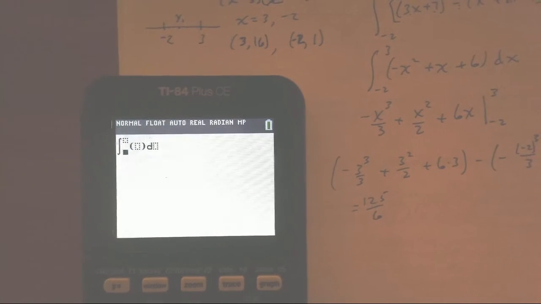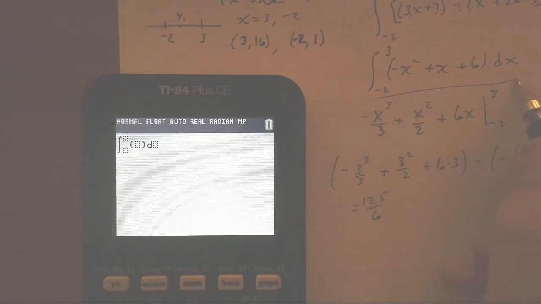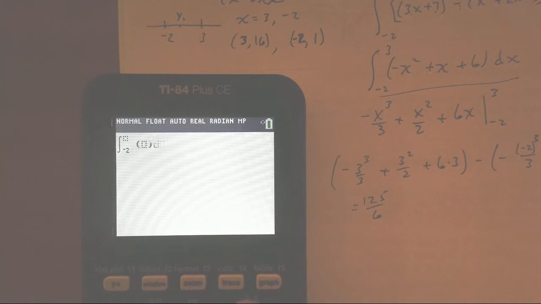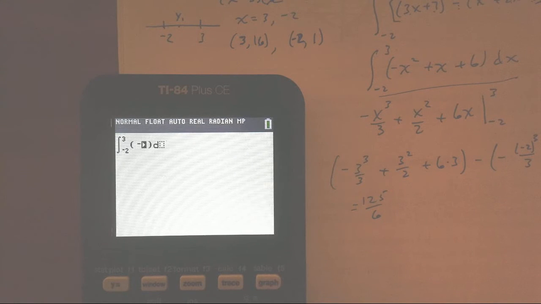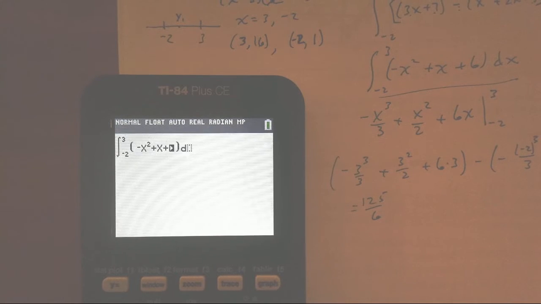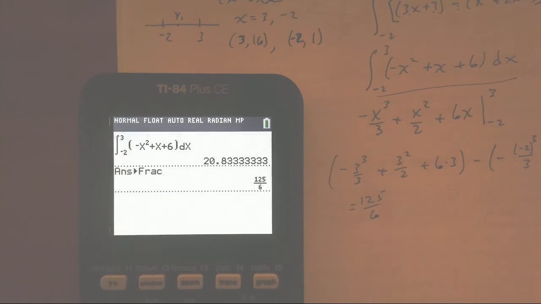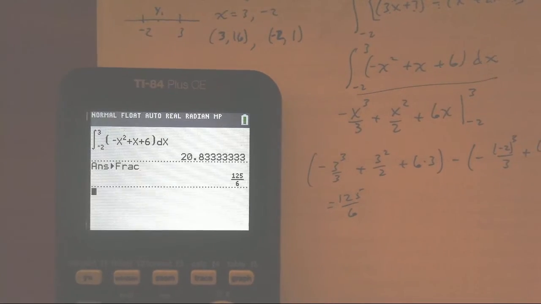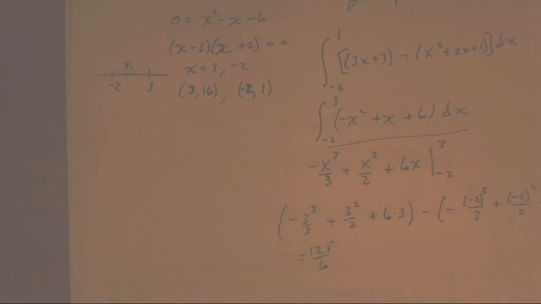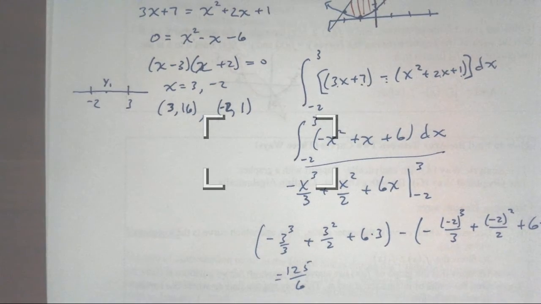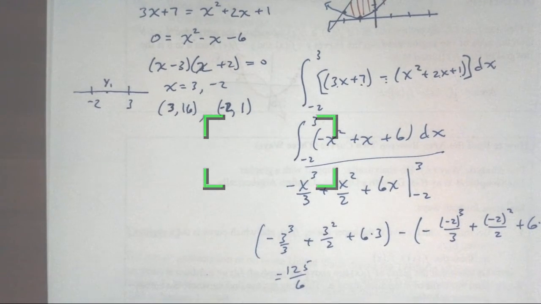I'm just going to go with my original integral, negative 2 to 3 of negative x squared plus x plus 6 dx. Enter, math, fraction, and there we go, 125 on 6. So there you have it. That's pretty much the process that we're going to be utilizing. We got a couple more examples for you.